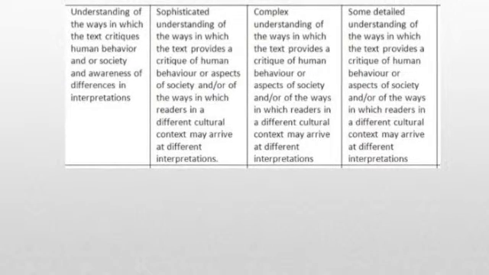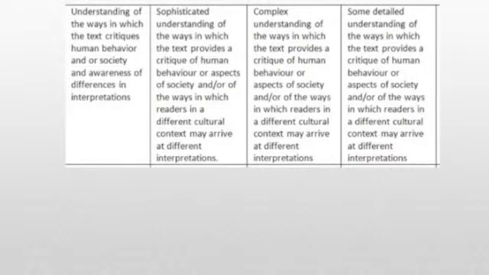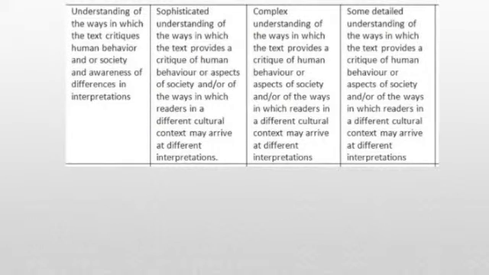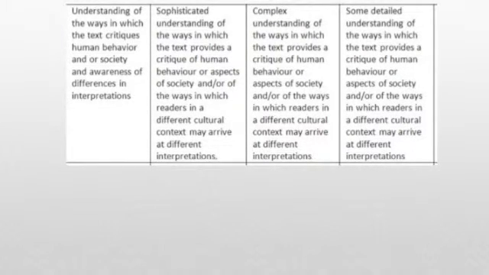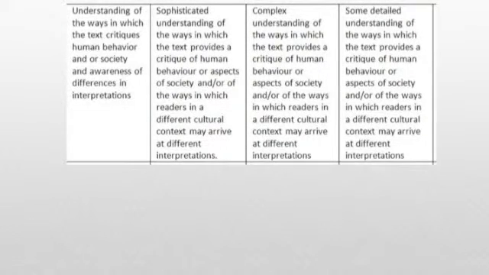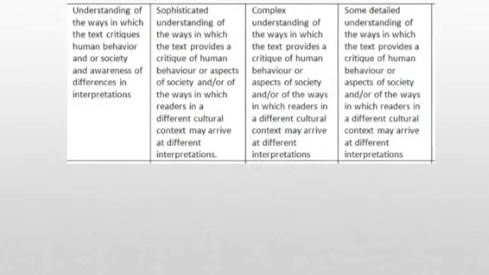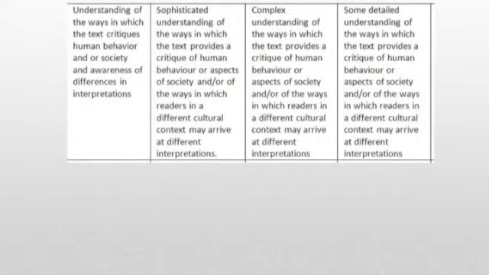How is this text being critical of human behaviour, or critiquing, illustrating, showing us examples of the society, but also being aware that we probably can't read Adrienne Rich in the same way that readers in the 60s and 70s would have read her. That 21st century readers like you, and with the results of changes in history, really do see this text a little bit differently. It perhaps isn't as provocative, perhaps isn't as startling as it would have perhaps seemed then.